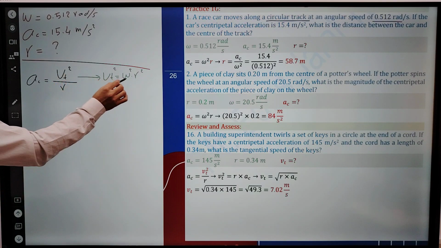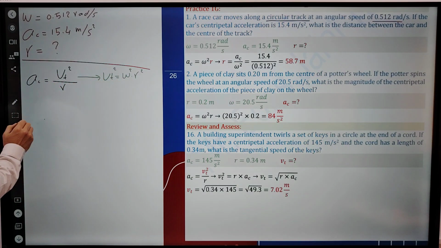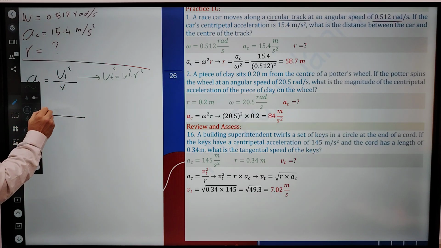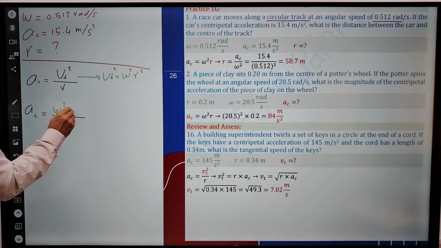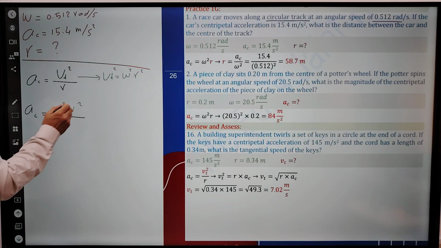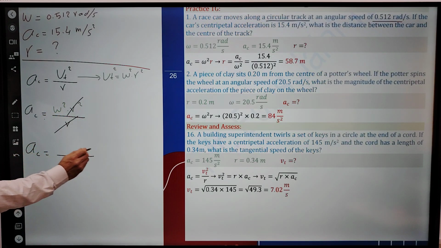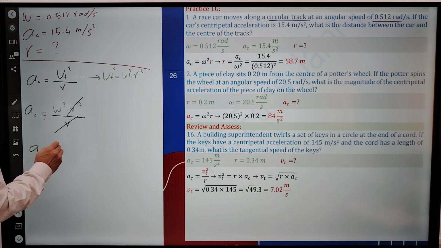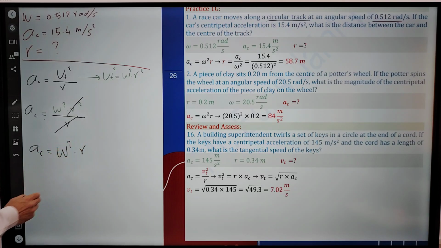And instead of Vt, write down what? AC is equal to omega squared R squared over R. Okay? So R with R cancel. What remains? Omega squared R.